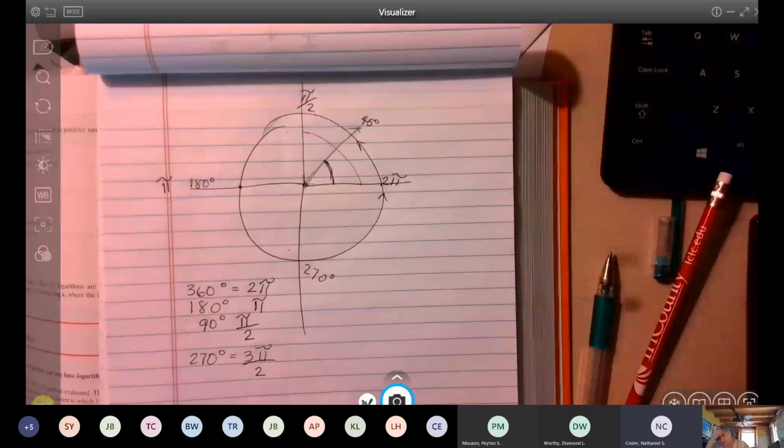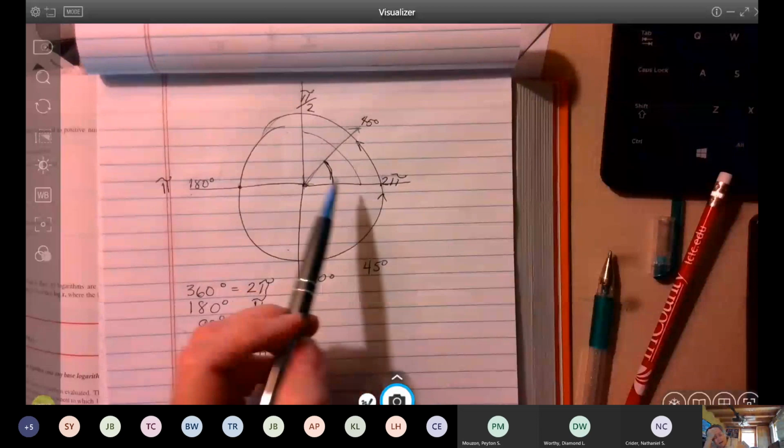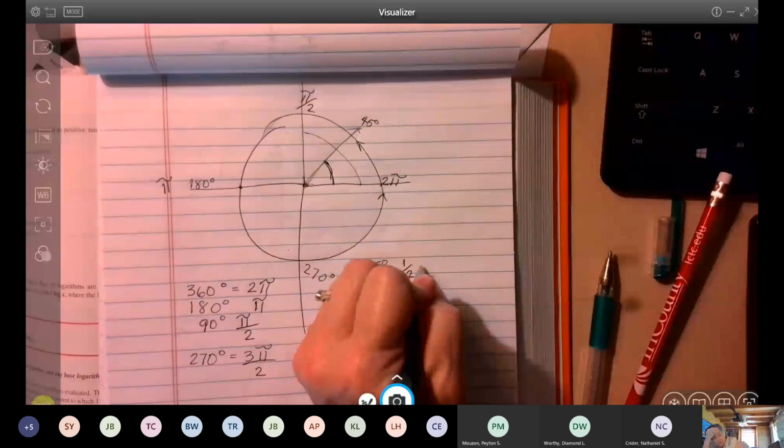Just because it's 1/4 of pi. Okay. So we can call it 1/4 of pi, or if we definitely know that 90 degrees is pi over 2, we can say 1/2 of pi over 2 is going to equal pi over 4.